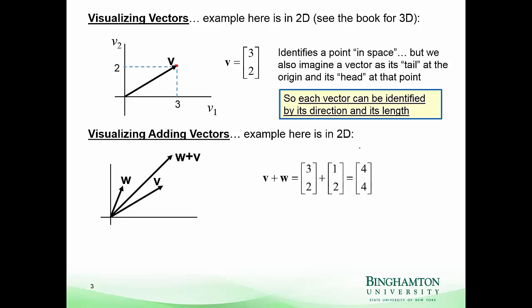So now let's imagine adding vectors together. Our example here shows adding one vector that's 3, 2 to another vector that's 1, 2, and we get 4, 4. This picture over here shows the result of that.